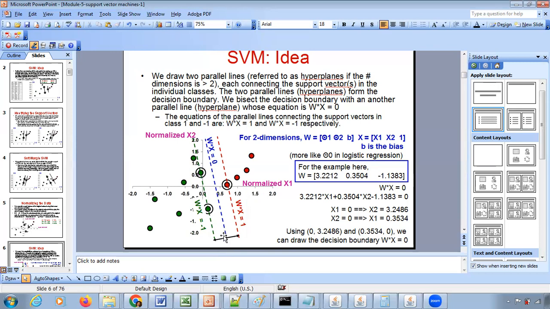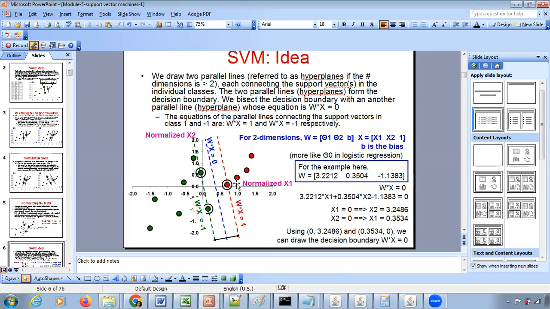Okay. So the equations are going to be fixed. W times X equals 0 for the dividing line, and Wx equals 1 for the class 1 decision boundary, and Wx equals -1.